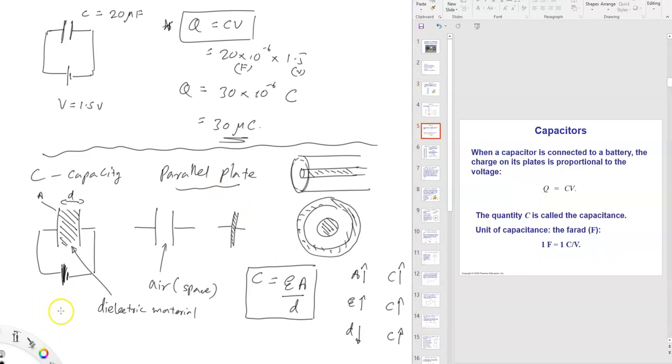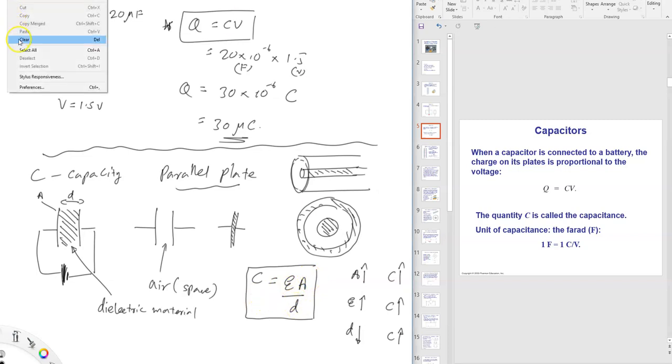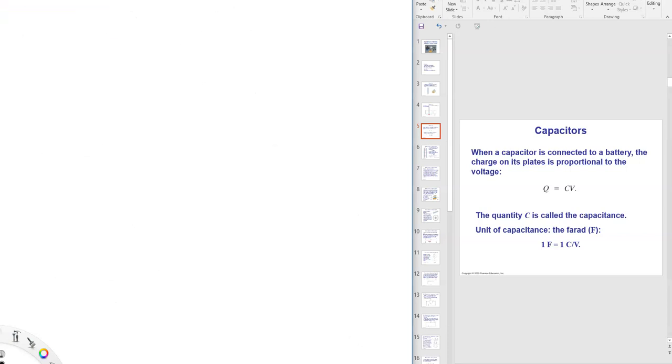Okay, let's try a simple example. So once again, for a parallel plate capacitor, the capacitance is given by epsilon times area over distance. Alright, so let's clear this and let's go to this slide.